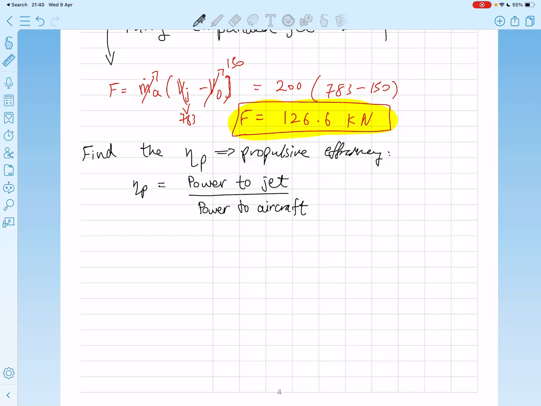If you just bear with me for a second. Just looking at the data book for thermofluids.